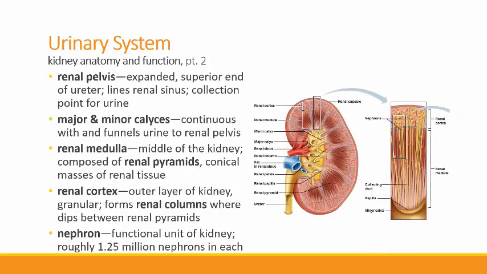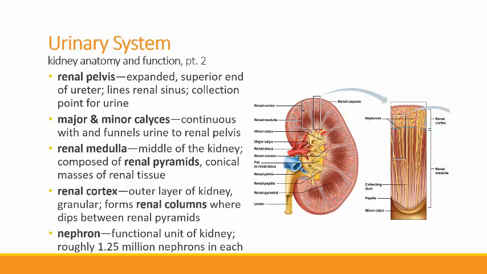Lining the renal sinus is connective tissue called the renal pelvis. It's the same material that makes up the ureter, or some of the ureter. So it's this expanded connective tissue that lines the renal sinus and acts as the collecting point for all the urine. So urine collects in the small little cups here, or funnels.